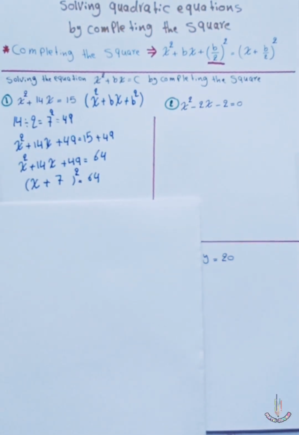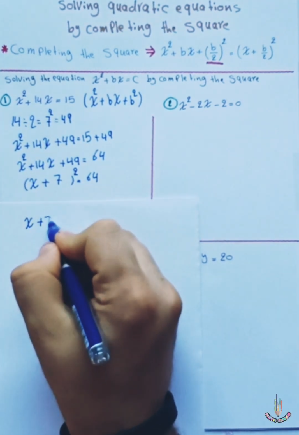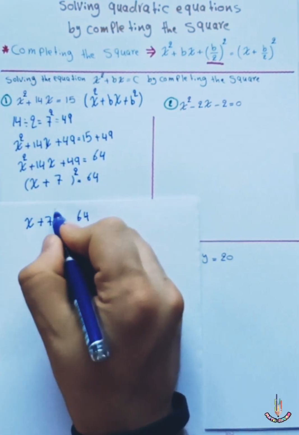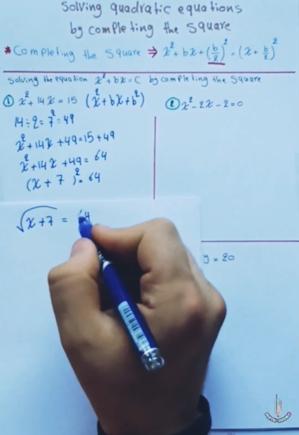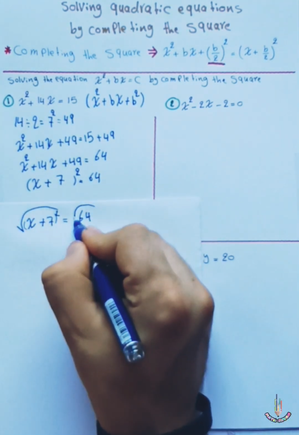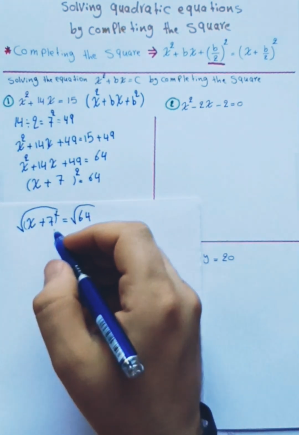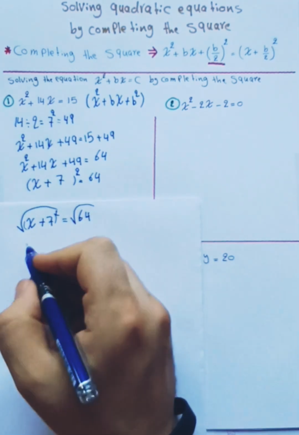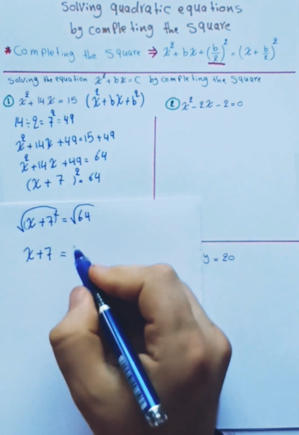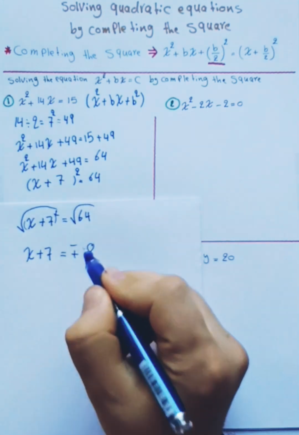After that, we have to take the square root of both sides. So you have the square root of x plus 7 squared, and on the other side the square root of 64. The square root of x plus 7 squared equals x plus 7, and the square root of 64 is positive or negative 8.